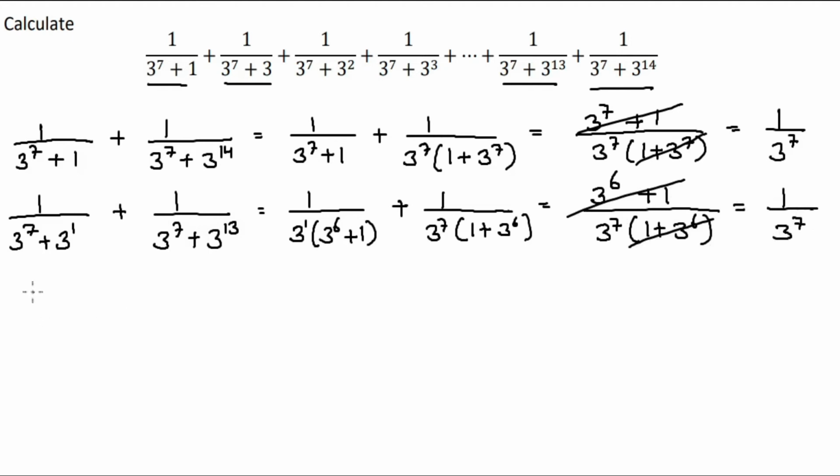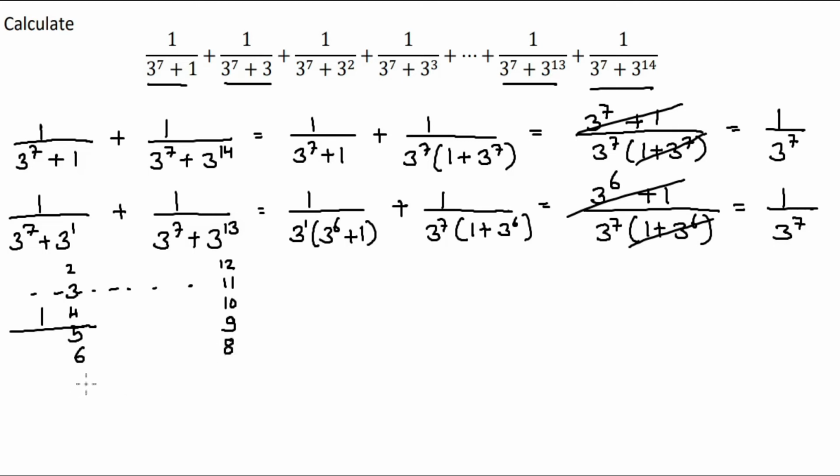If we keep on making pairs like this, a stage will be reached like 3 to the power of 7 plus 3 to the power of 2. Here it will become the power 2 and 12, then 3 and 11, then 4 and 10, then 5 and 9, then 6 and 8.